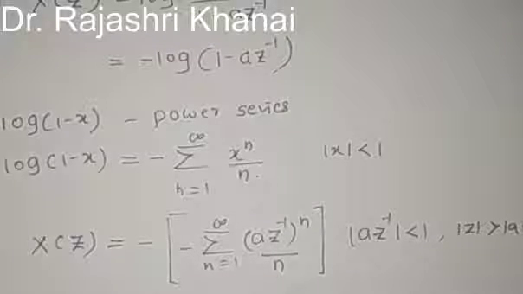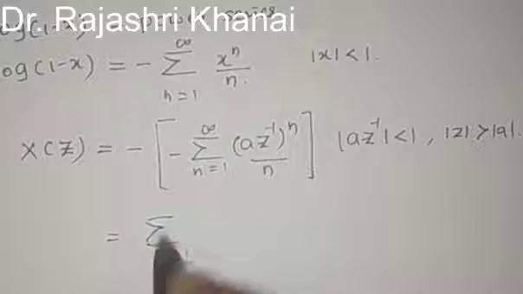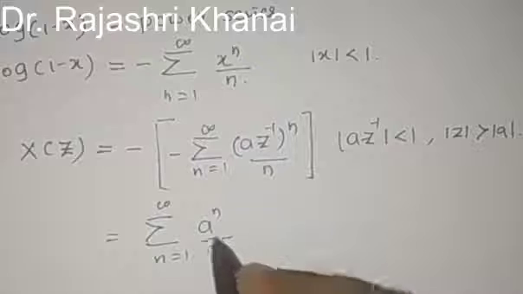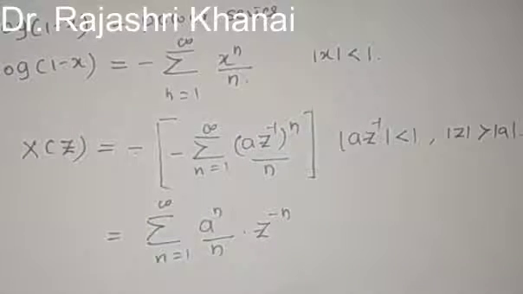Now this we will solve as summation n ranging from 1 to infinity a raised to n divided by n into z raised to minus n.